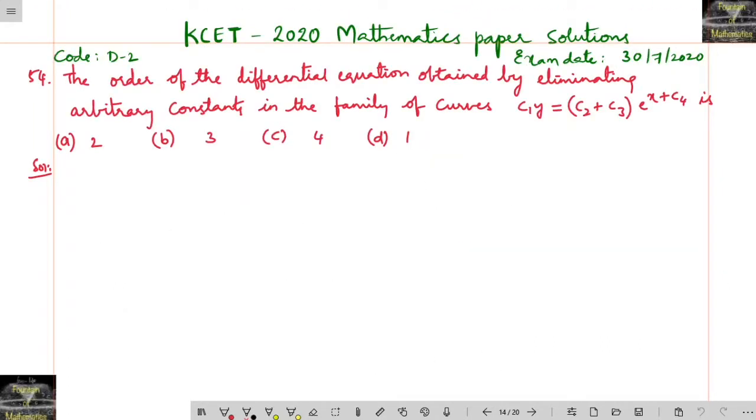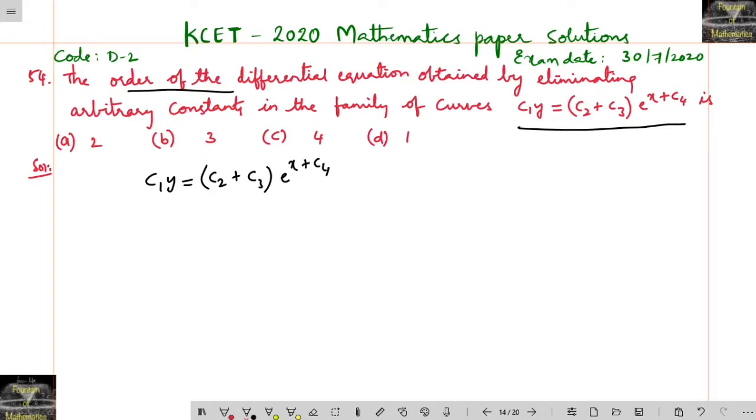The order of the differential equation obtained by eliminating arbitrary constants in the family of curves C1 y is equal to C2 plus C3 e power x plus C4 is. Generally, the order of the differential equation depends on the number of arbitrary constants. So in the family of curves, C2 plus C3 can be considered like one constant only.